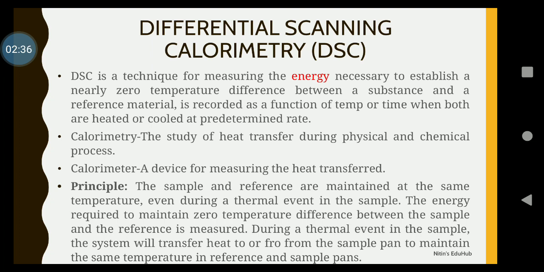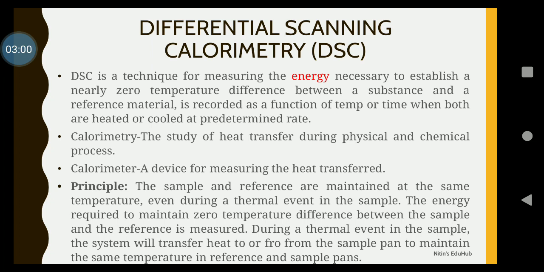This principle highlights that whatever sample we take in the sample holder, and reference in the reference holder, whatever the decrease or increase in temperature, some energy is required to maintain that temperature. That energy may increase or decrease.